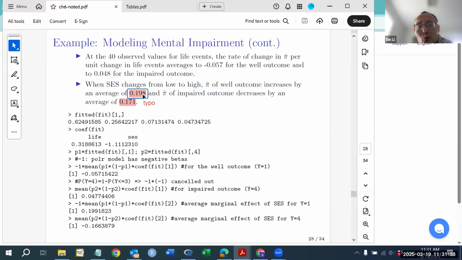It's 0.198, it should be 0.199. And 0.171 should be 0.166. But it's close. So you can take a look. This is to interpret through the average marginal effects.